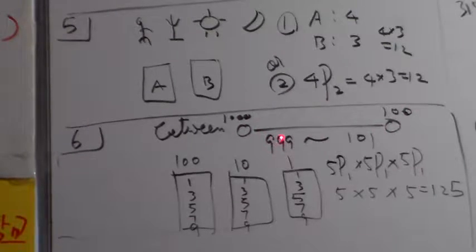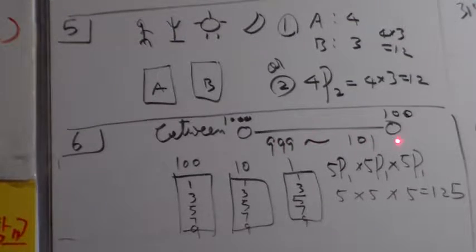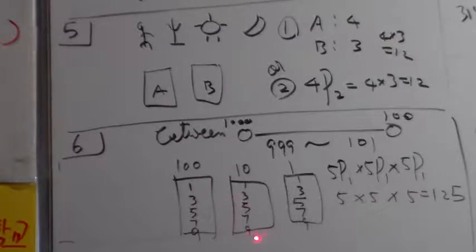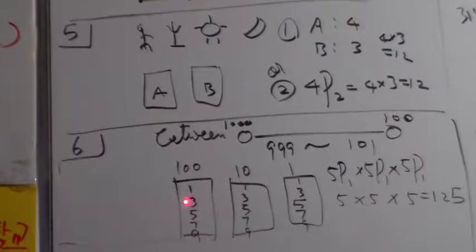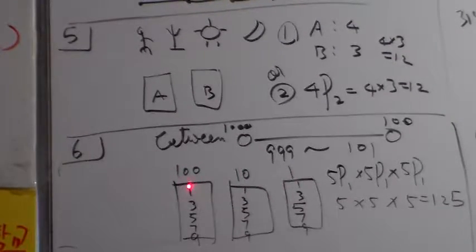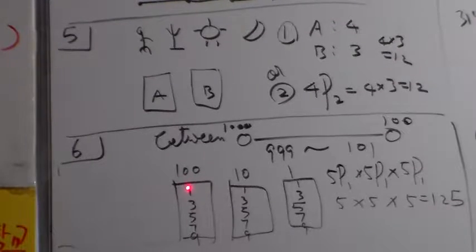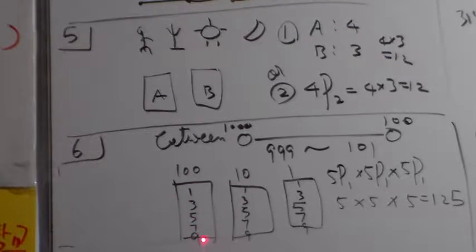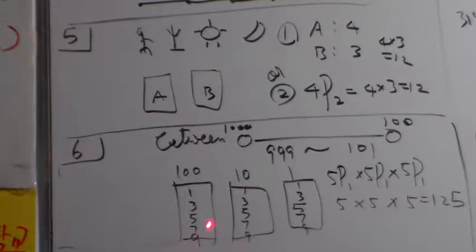So we use 999 through 101. We have a 3-digit number right there: the hundreds digit, the tens digit, and the ones digit. For the hundreds digit, our numbers are 100, 300, 500, 700, 900, so we have 5 choices.